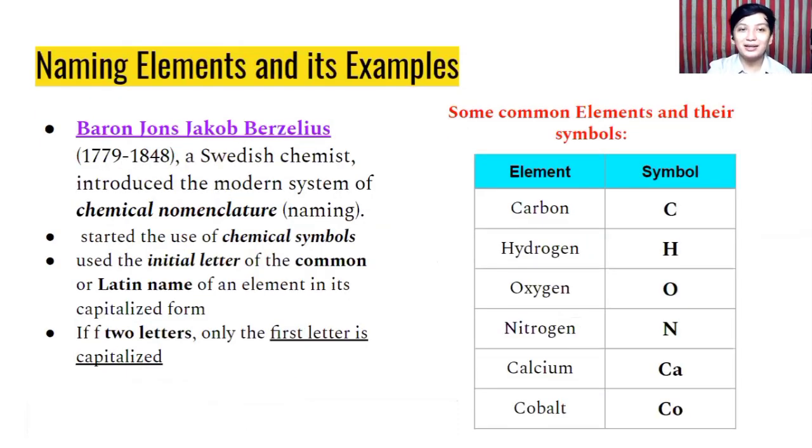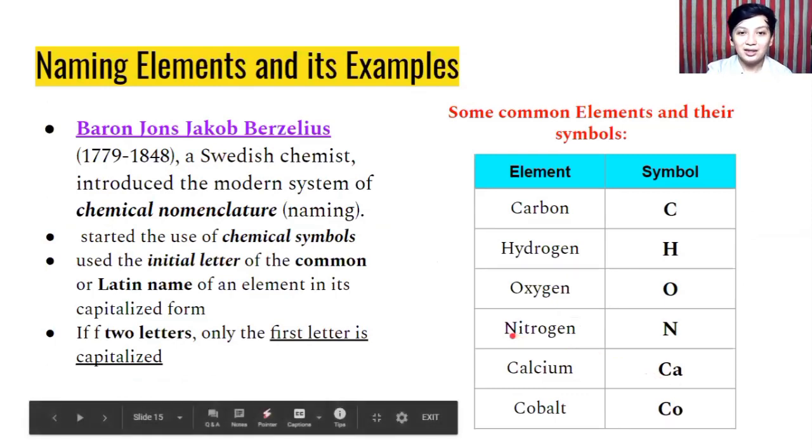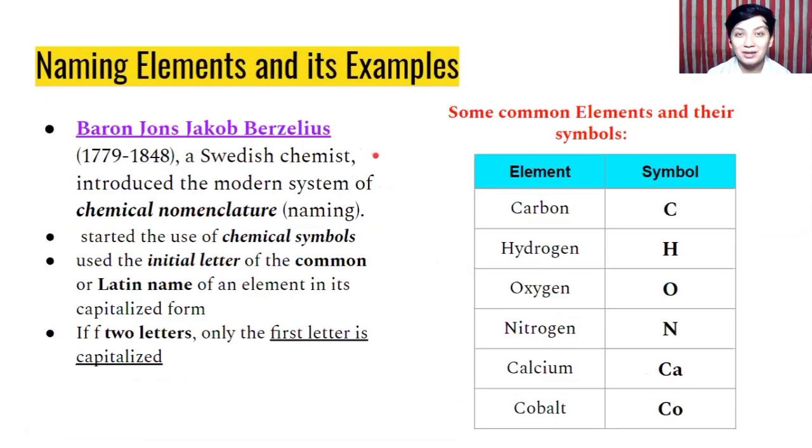And also, in the naming of elements, we have the Swedish chemist Baron John Jacob Berzelius, from 1779 to 1848, who introduced the modern system of chemical nomenclature. When we talk about chemical nomenclature, this is the naming of the elements in the periodic table.